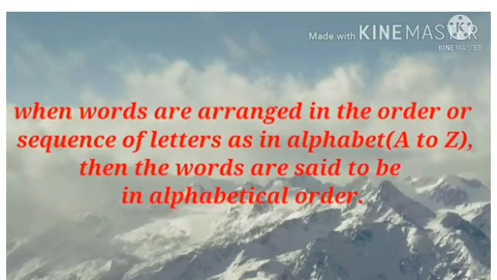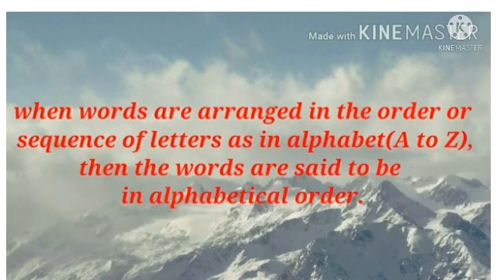When words are arranged in the order or sequence of letters as in the alphabet A to Z, then the words are said to be in alphabetical order. It means the words are arranged in the order as they appear in the alphabet, starting from A till Z. The words should follow the particular pattern.